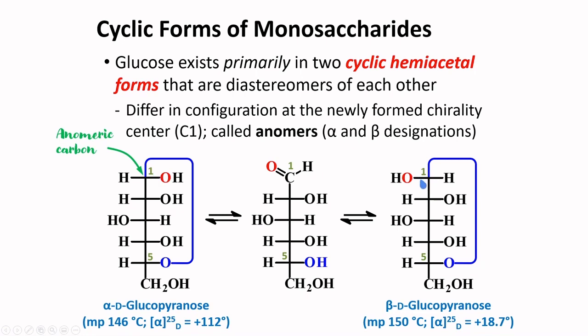They are called anomers, and we designate them as alpha or beta. The newly formed chirality center is called the anomeric carbon. These compounds are diastereomers. They have different melting points and different specific rotations.